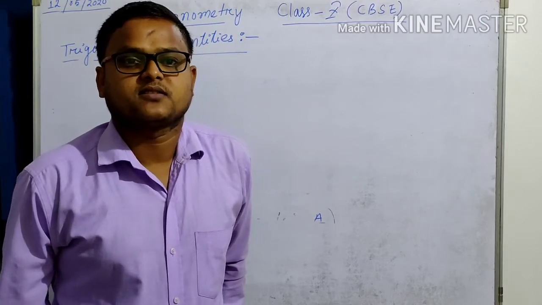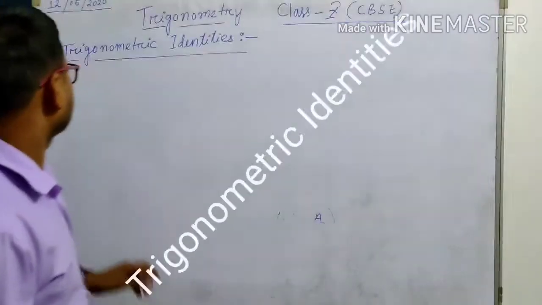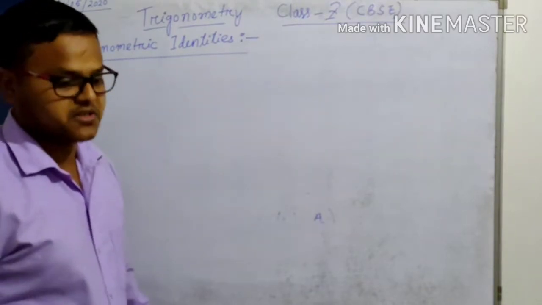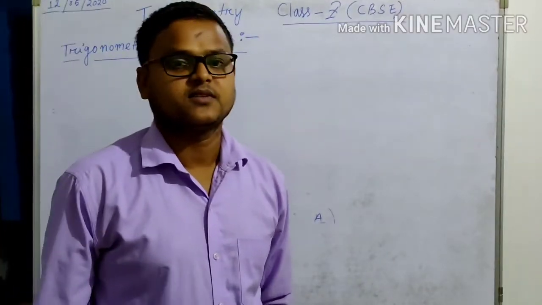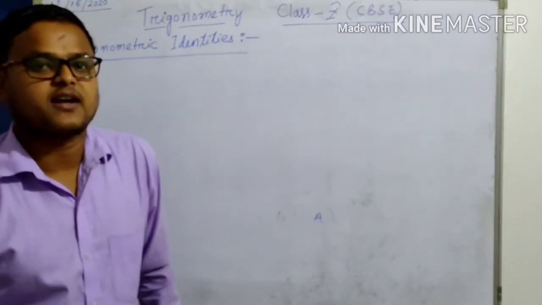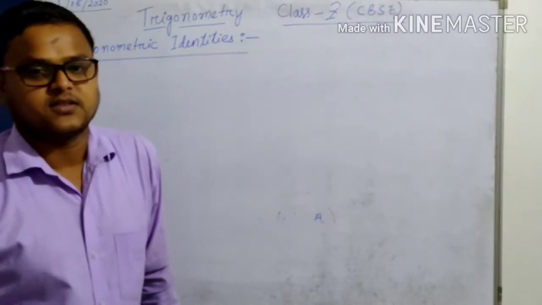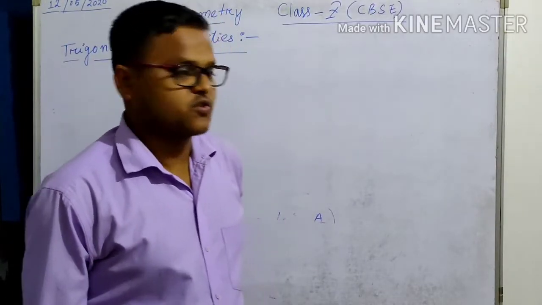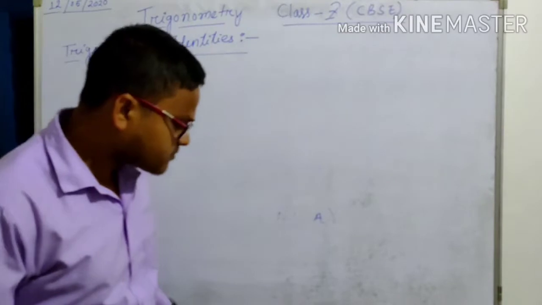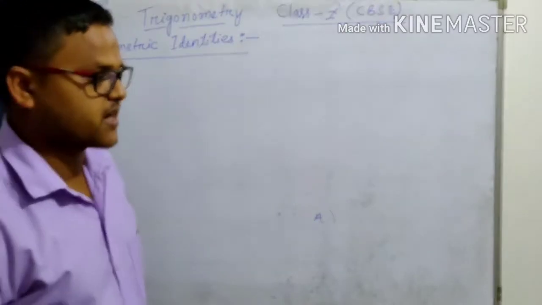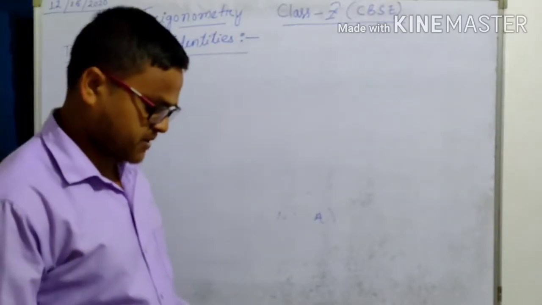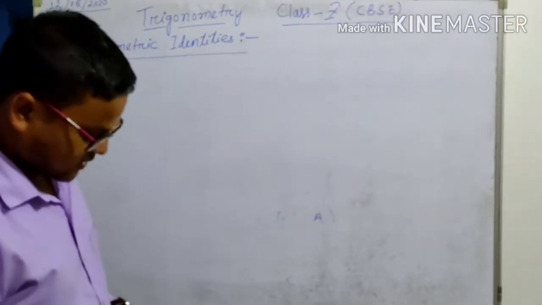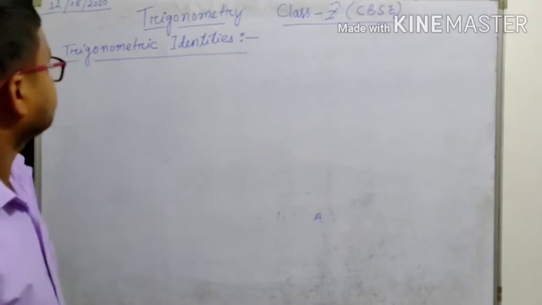So the new thing is trigonometric identities. In the earlier chapter, in the earlier exercise, we have learned about different types of trigonometric ratios, and trigonometric ratios for complementary angles and some specific angles.